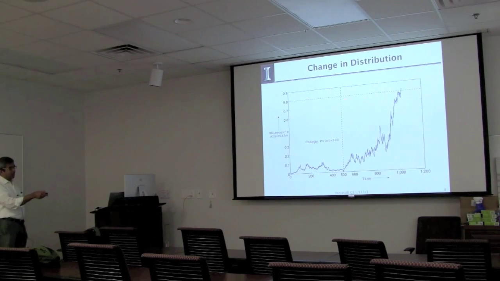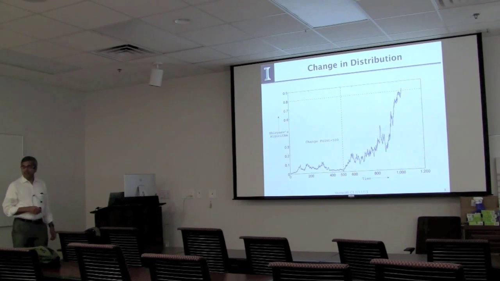If you wait until it's large enough, crosses the threshold of 0.8, and declare a change, you get a pretty good trade-off, with a pretty small false alarm rate. You incur a delay, in this case about 500 samples, before you declare the change. You want tests that do this, and I'll talk about how you construct such tests.